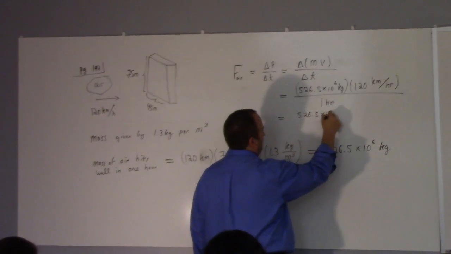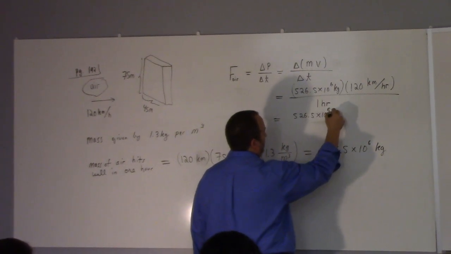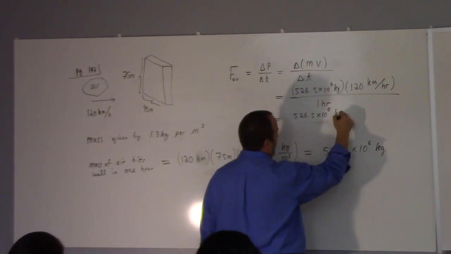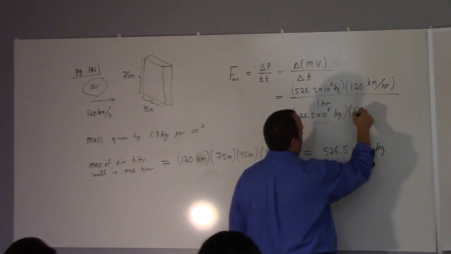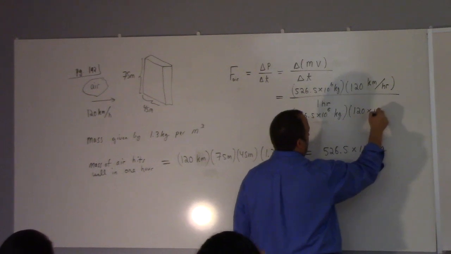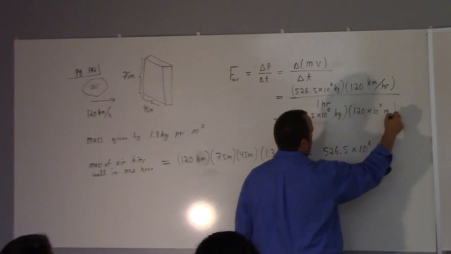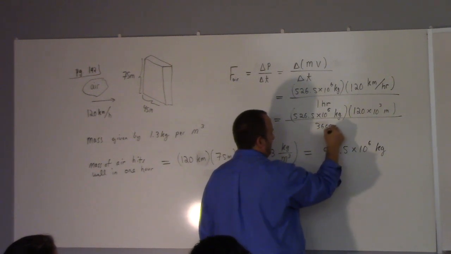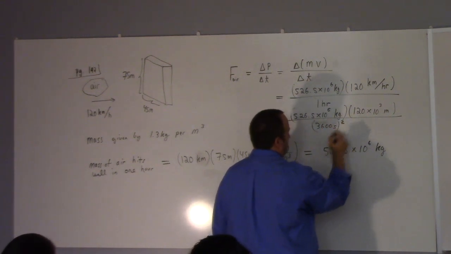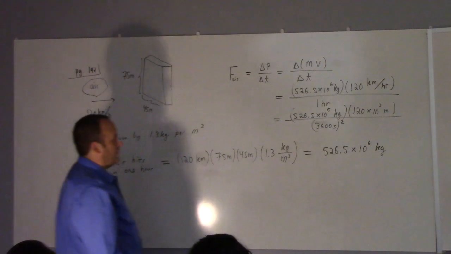526.5 times 10 to the 6th kilograms, times 120 times 10 to the 3rd meters, divided by 3,600 seconds, quantity squared. That should give me the force in newtons.